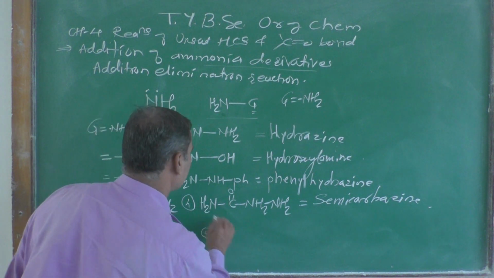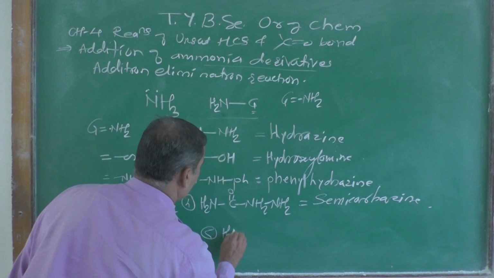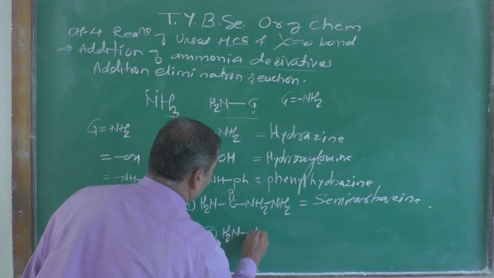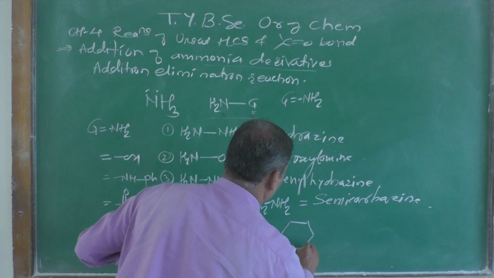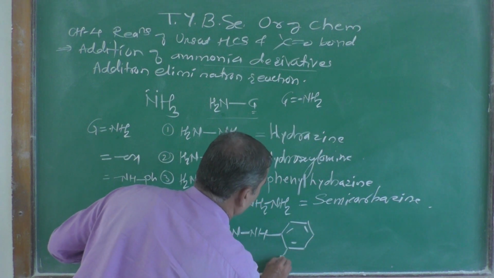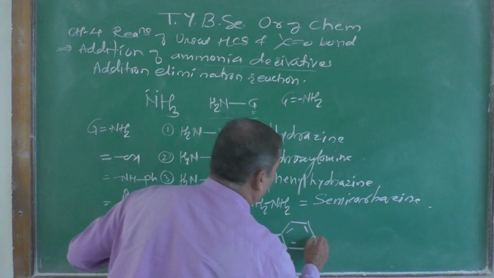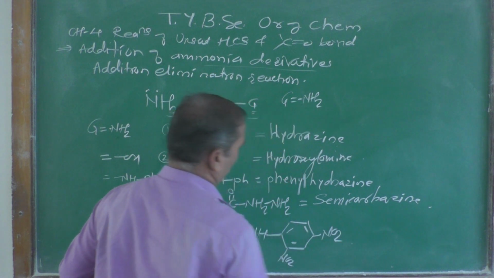I am going to connect it as H2N, then this NH, then this aromatic compound. You can write here, at the 2 position an NO2 group and at the 4 position an NO2 group.